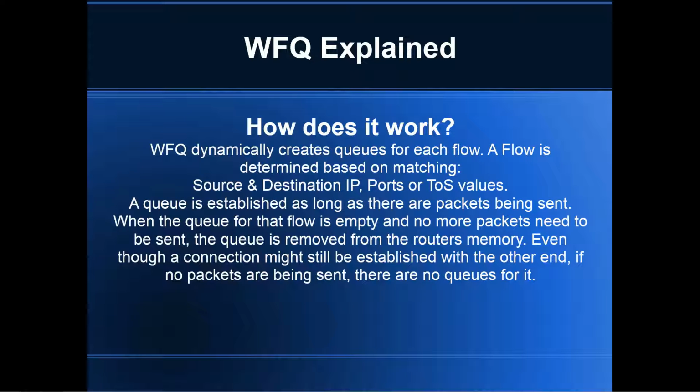So how does it work? It dynamically creates queues for each flow. A flow is determined based on a specific type of matching, normally source and destination addressing. It could also be based off of TOS values. Essentially, it starts seeing patterns, and it can start doing flows based on those patterns.